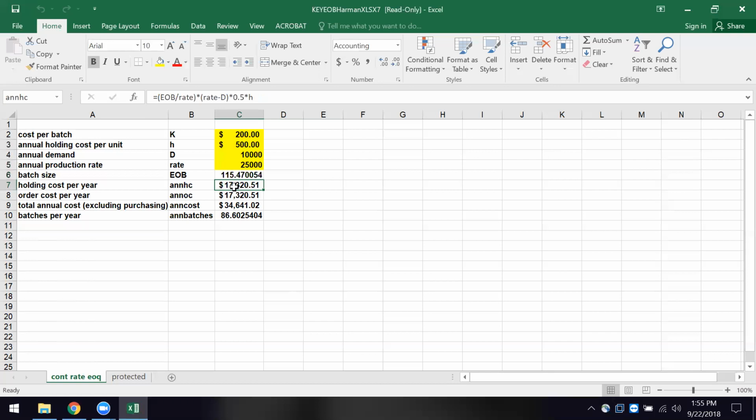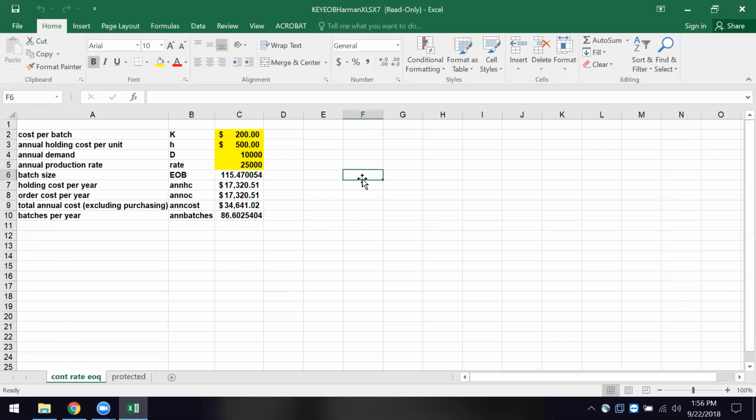And those are saved up in the name manager. Annual holding cost, I'm sure that's up there in the name manager. Yeah, it is. Annual batches times K. There's the annual holding cost plus the annual order cost, and then we've got the batches per year.